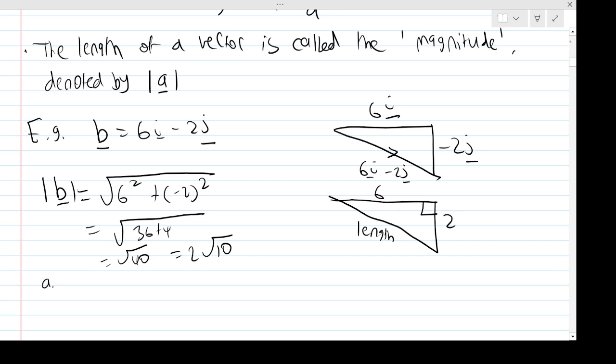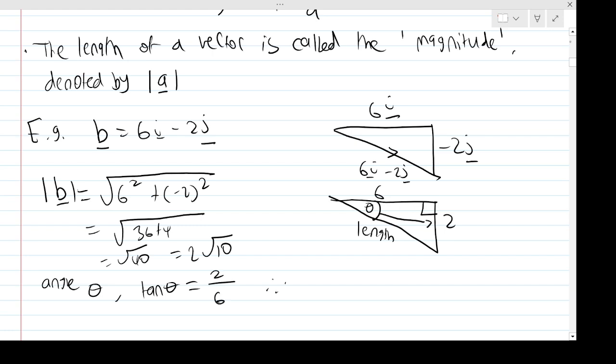And the angle, right, the angle is going to be theta there. So the angle theta, which is going to be the direction, if you do tan theta, it's going to be opposite, which is 2, over the adjacent side, which is 6.